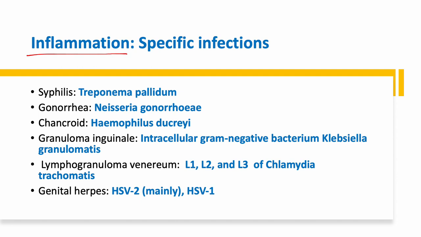Infectious condition equal to sexual transmitted disease of penis, and we will talk about the most common infectious diseases. In this list we will cover the disease and the causative organisms, including syphilis, gonorrhea, chancroid, granuloma inguinale, lymphogranuloma venereum, and genital herpes.